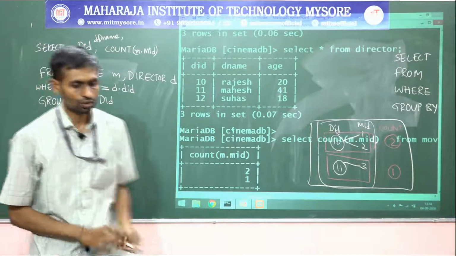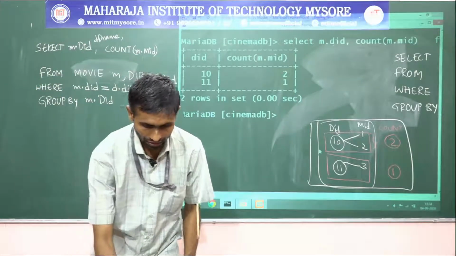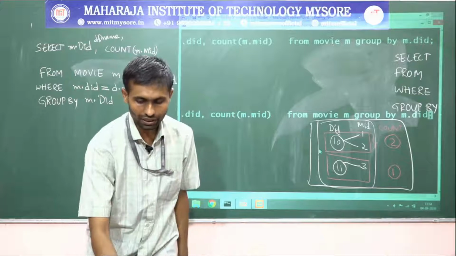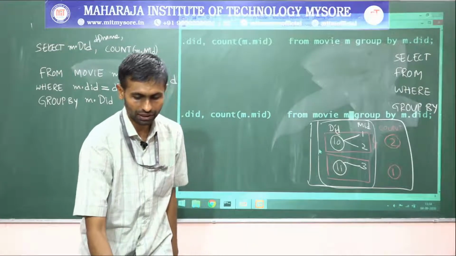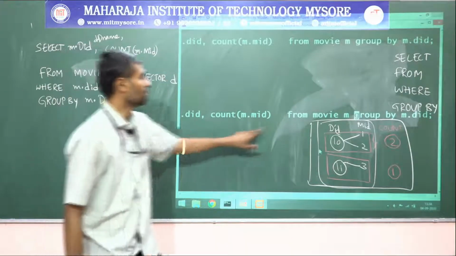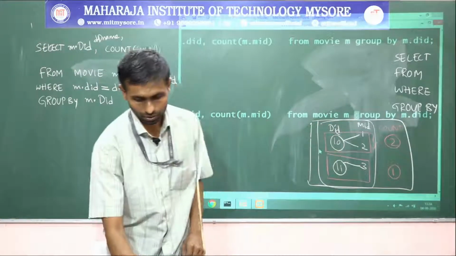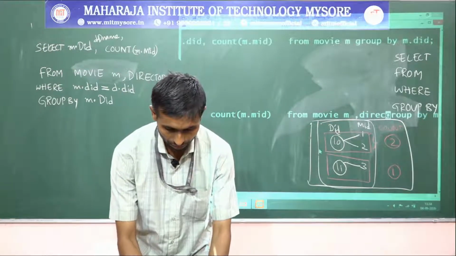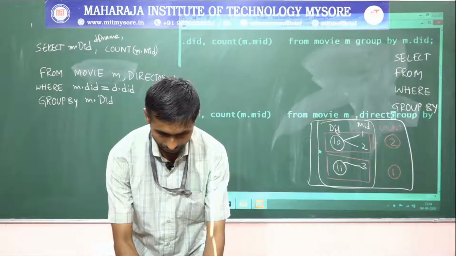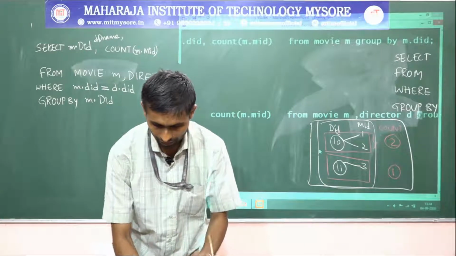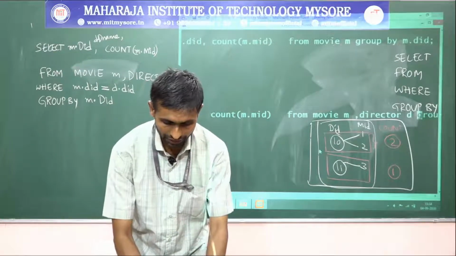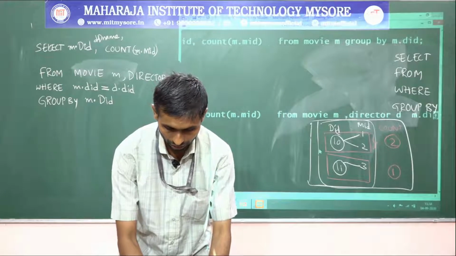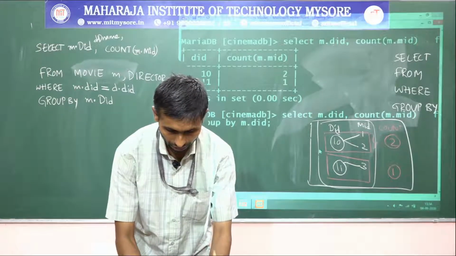That's it. So let me recall the same query. What additional things to be made here? To this, add one more table to get the director name. So director D, fine. Then write a common attribute condition, M dot DID is equal to D dot DID.